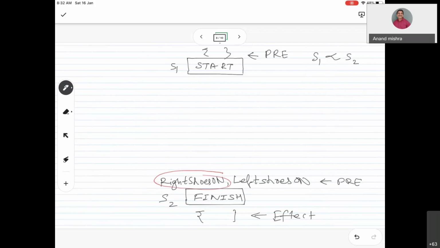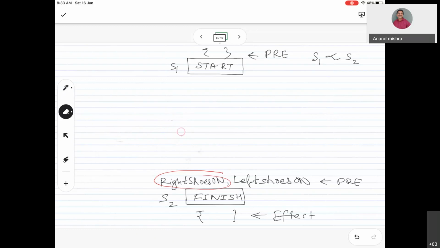So put left shoe. Put left shoe will satisfy this particular left. Sorry, just a minute. It should be right shoe, right?